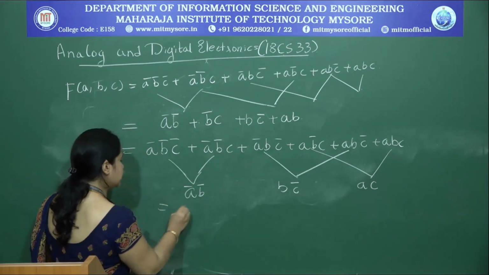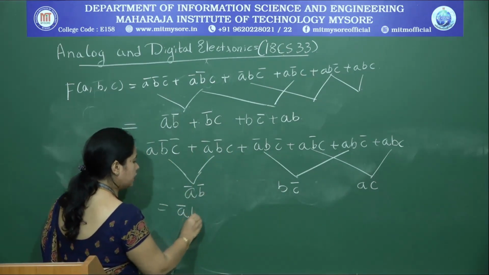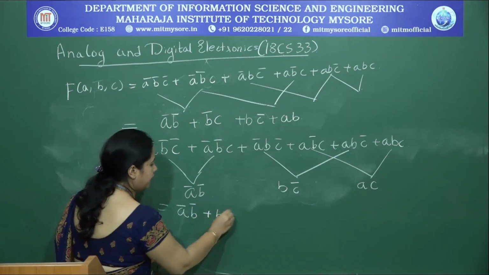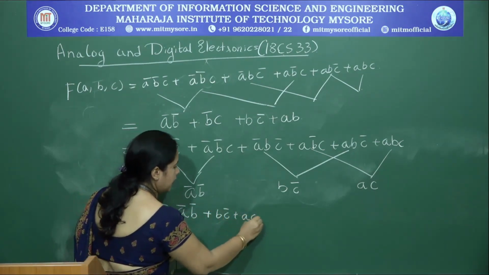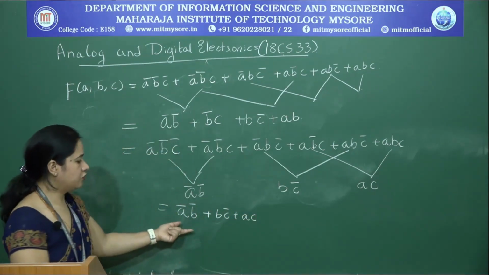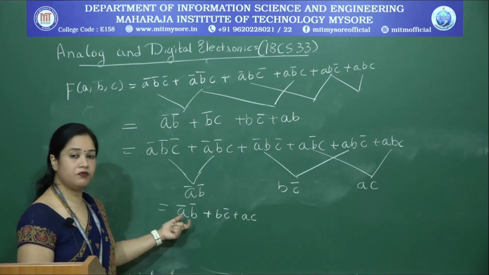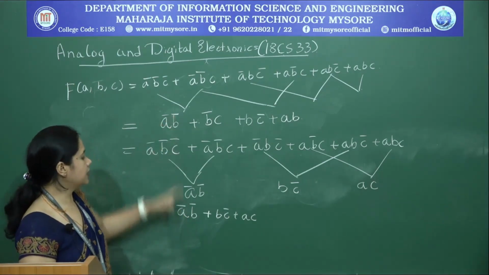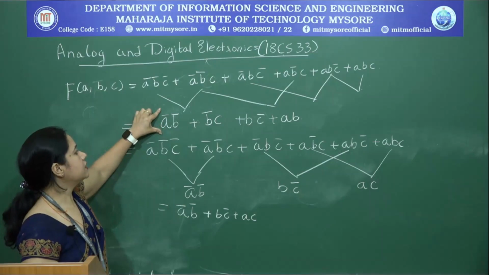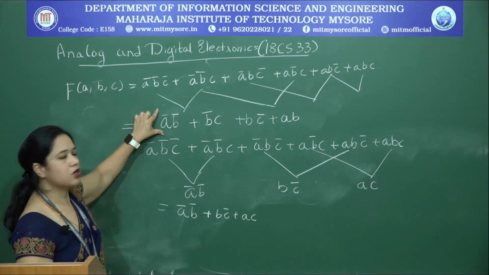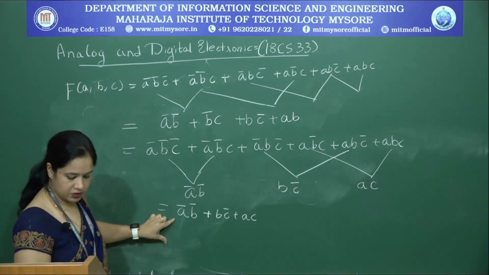As a result, this particular order gives me a simplified expression, and it is not possible for me to further apply the consensus theorem, so we will stop at this point. If you compare these two, the first is ruled out because it is not a minimal solution. This happens to be a minimal solution.